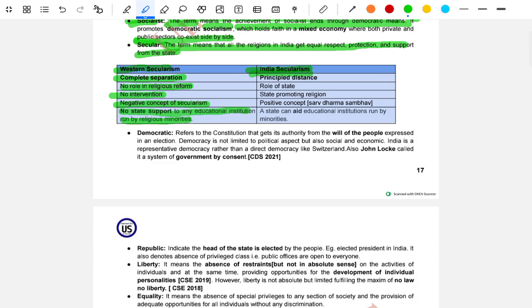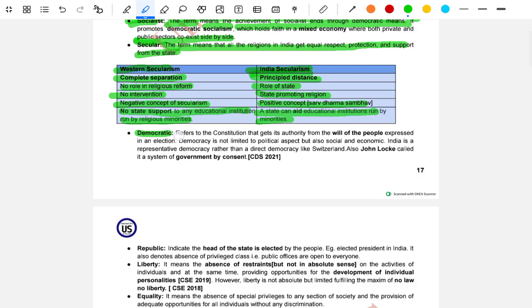Indian secularism: principled distance, the role of the state in promoting religions, and the positive concept of Sarva Dharma Sambhava. The state can aid educational institutions run by the minorities.